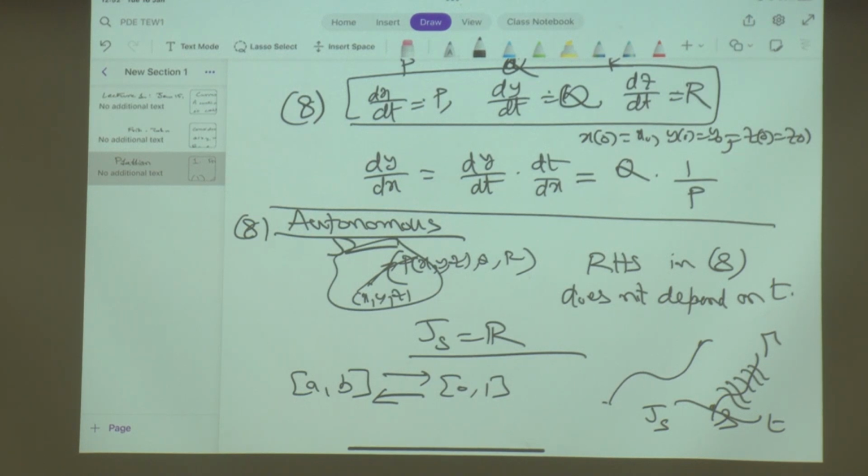It won't be P, Q, R, it will be some multiples of P, Q, R. But that does not matter because we are only asking for the direction to be the same. So in particular 1, 1, 1 is the same as 2, 2, 2. Of course there is a multiple, but we don't mind: you will find both of them on the same line.